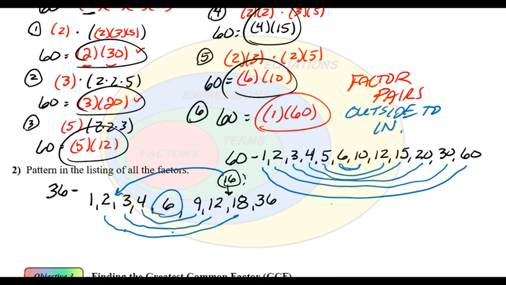We could use this for estimation, but since there's no whole number between 2 and 3, then 16 is not a factor. So the factor pairs are listed outside to in, and that's a way we can use to find factors.